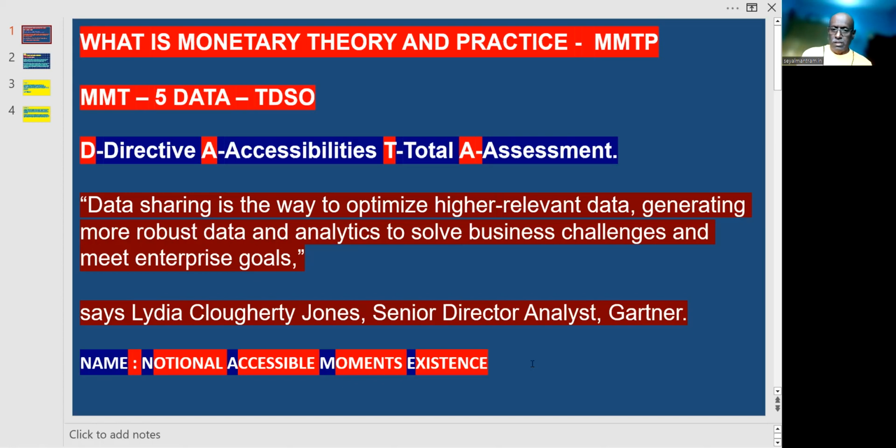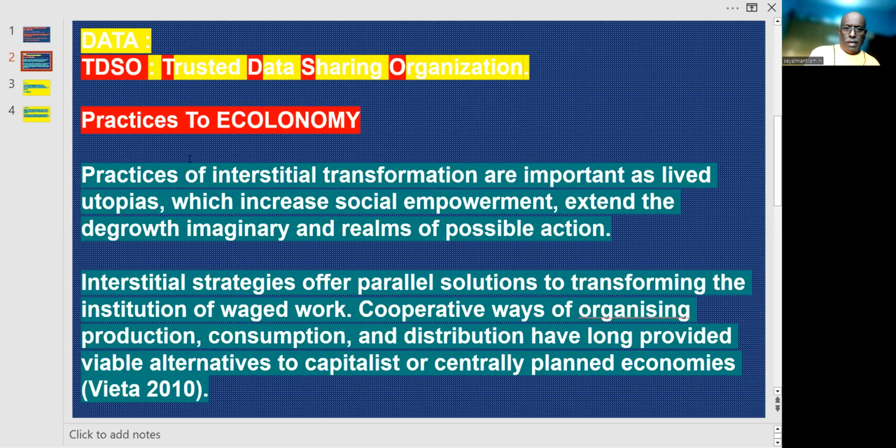So that's the way. It is easy to reach and easy to communicate. Whatever way it is facilitated to us, it is in digital form. Now it has been used for our trusted data sharing level. Whatever the organization leads to has become the practice of monetary value at present. So in the trusted data sharing organization, whoever leads this, these are the practices of our economy.